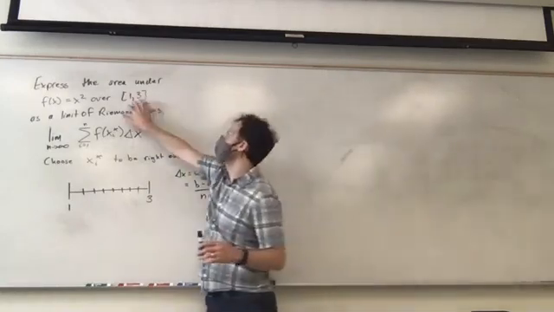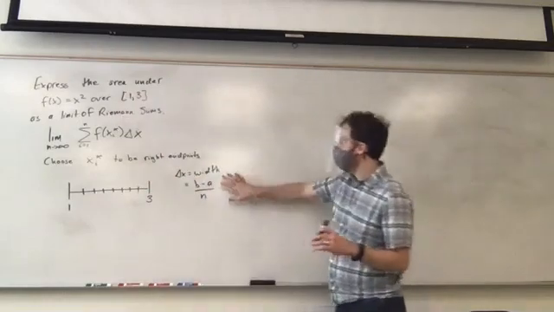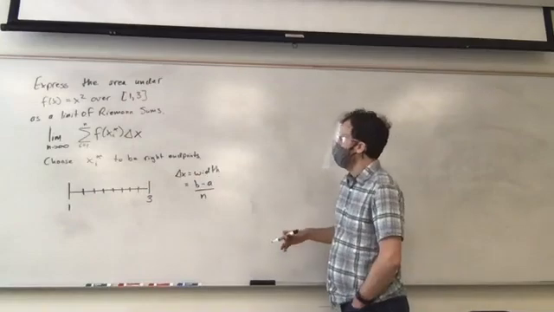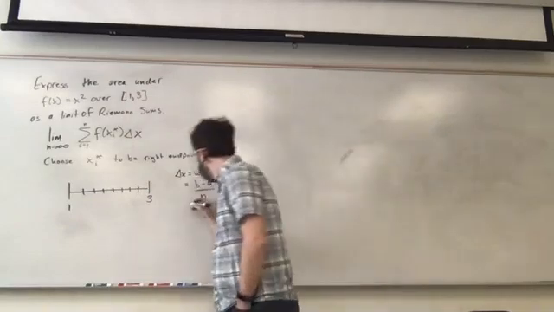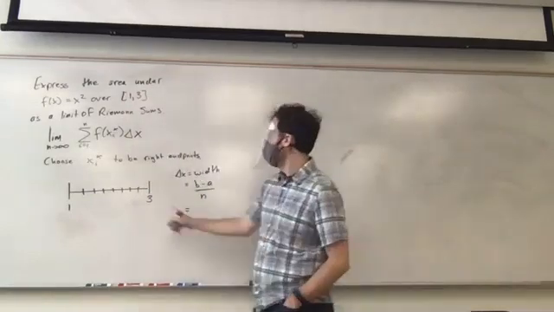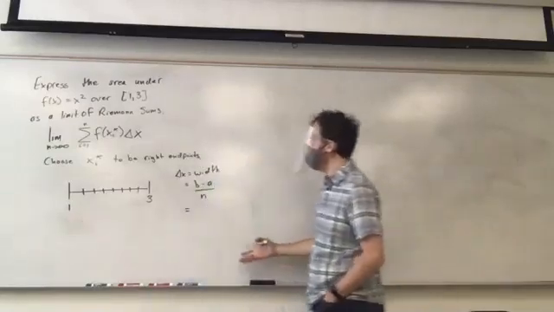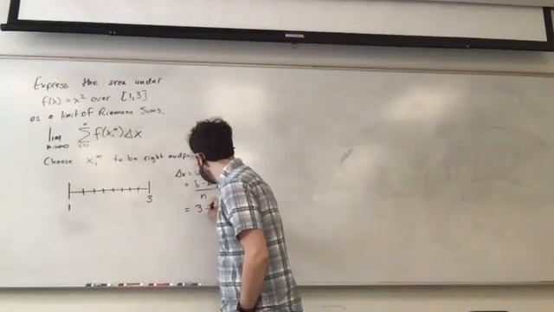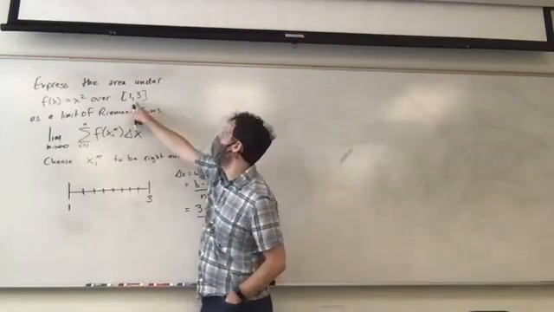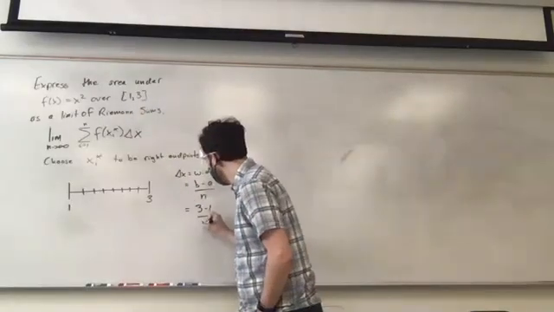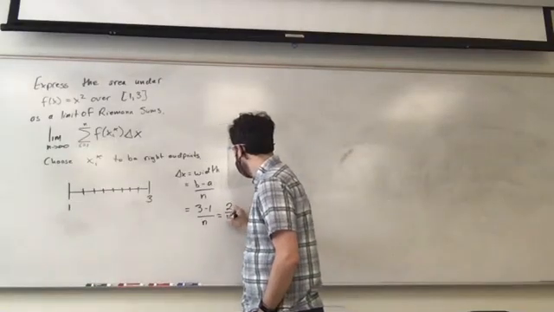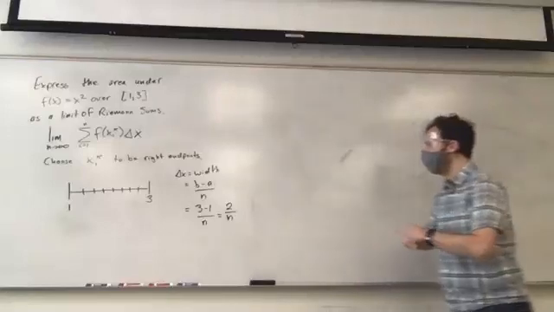Our interval is 1 to 3, but in general, [a, b] is the interval you're looking for. So in our case, if we cut 1 to 3 into n equal pieces, then this is 3 minus 1, the length of our interval, divided by how many pieces we cut it into, which gives us 2 over n.